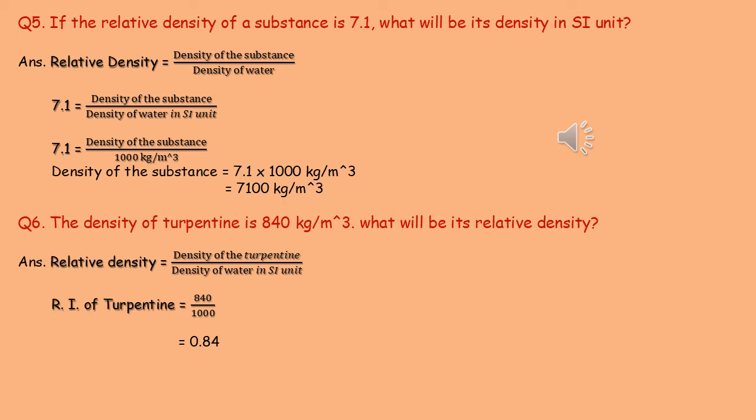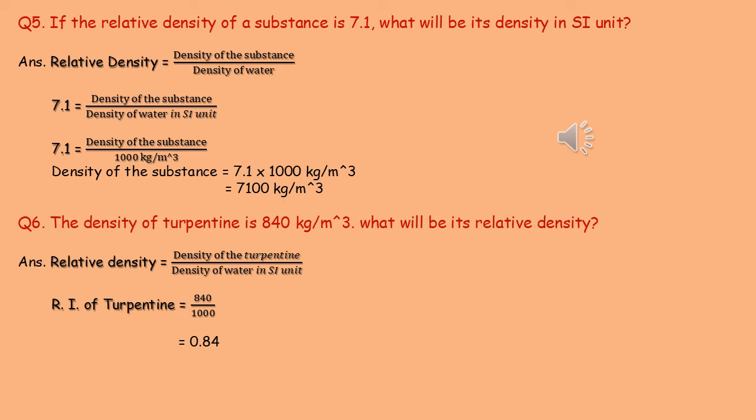Question number 5. The relative density of a substance is 7.1. What will be its density in SI unit? Relative density is equal to density of the substance by density of water. 7.1 is equal to density of substance by density of water in SI unit. We are choosing SI unit because in the question it is asked to find out the density of the substance in SI unit.